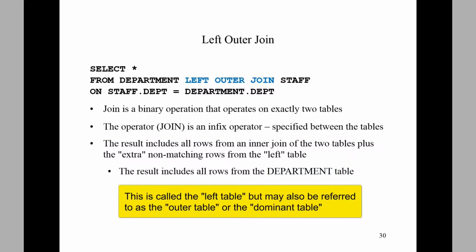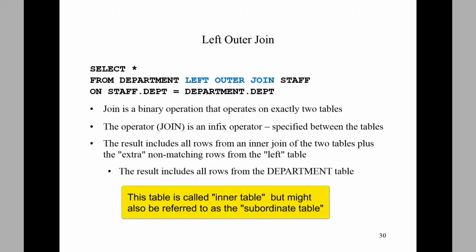So when we use a left outer join, we are saying that we want to preserve non-matching rows from the table whose name appears to the left of the join operator. The table whose name is placed to the right of the join operator will be treated the same way it is treated in an inner join. We will see rows from this table only if those rows find a match in the other table.